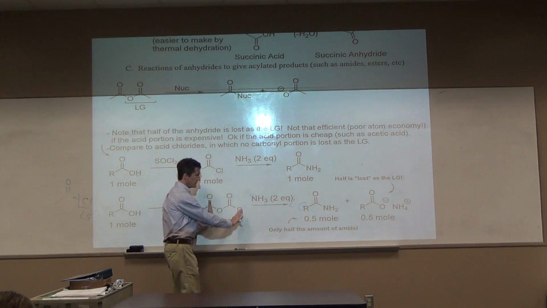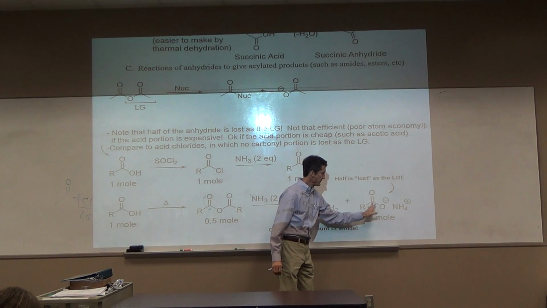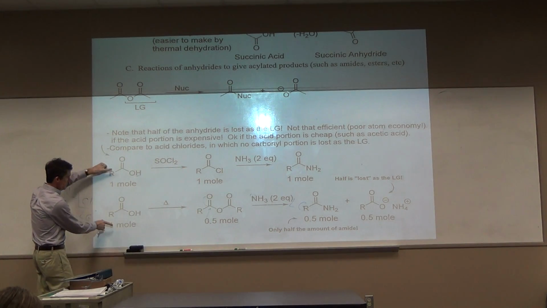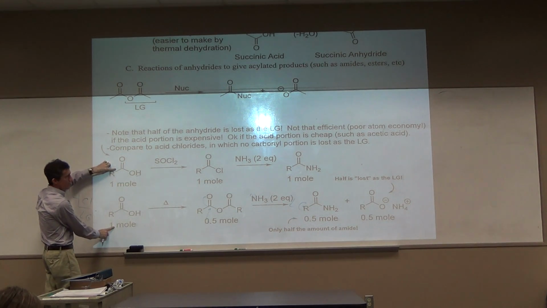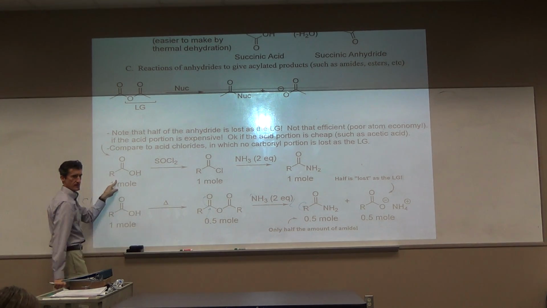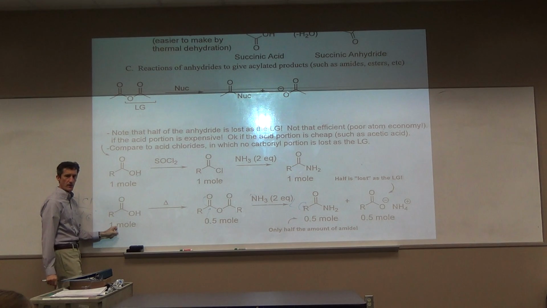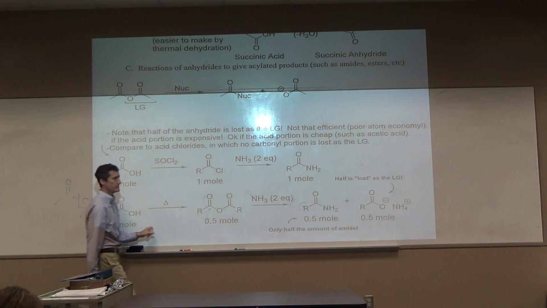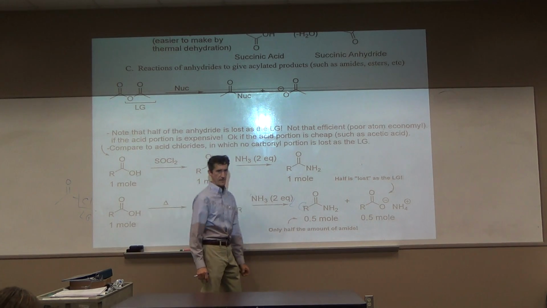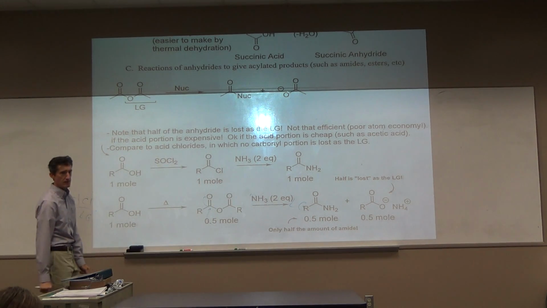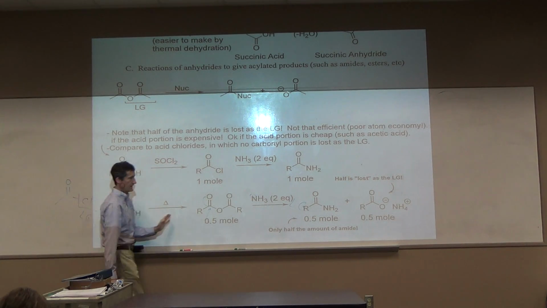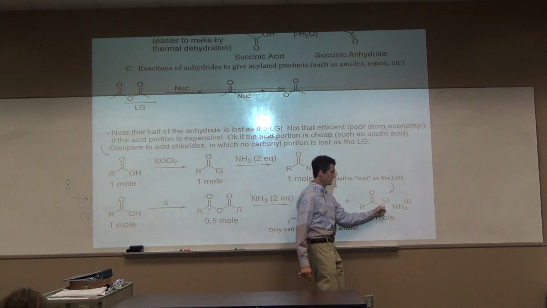And the remainder will be a half a mole of the leaving group. So basically, if you've got 1 mole of this, you get 1 mole of amide. But if you've got 1 mole here, and you go this route, you're only going to get a half a mole of amide.